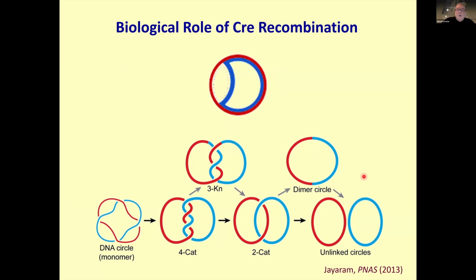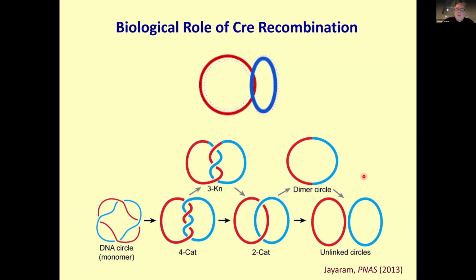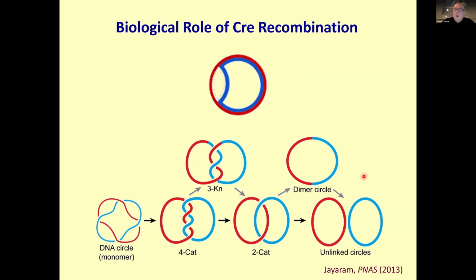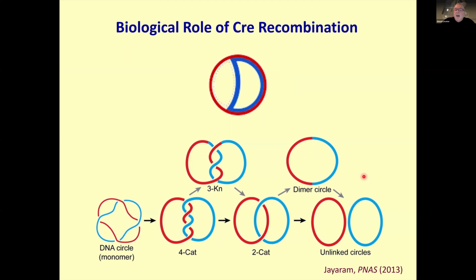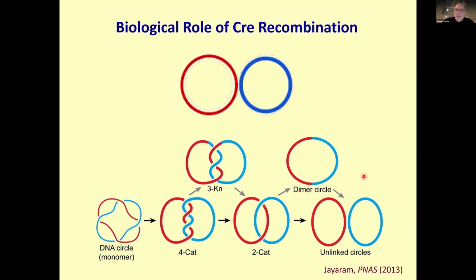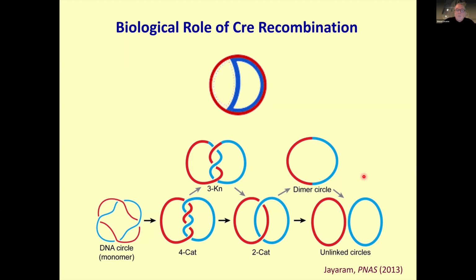In the case of Cre, there is a pair of sites called loxP. These are 34 base pair DNA sequences that are recognized by the Cre protein, and then Cre protein carries out a set of biochemical reactions that allows for the two circles to be unlinked at the end of replication.